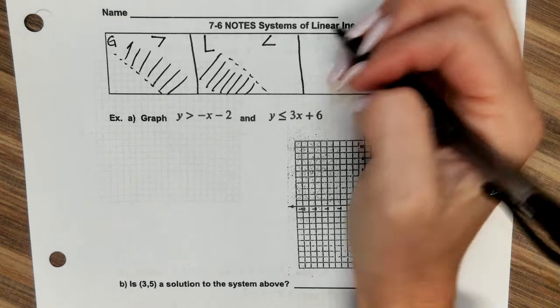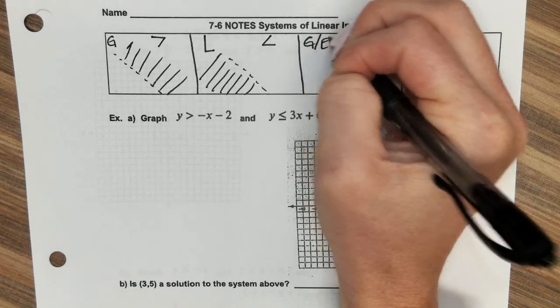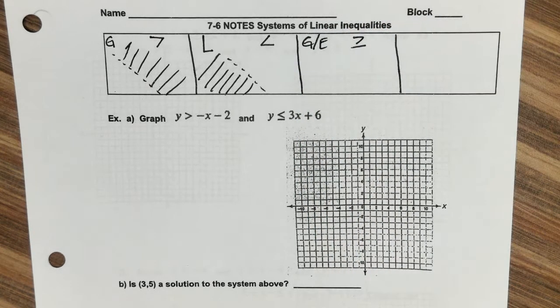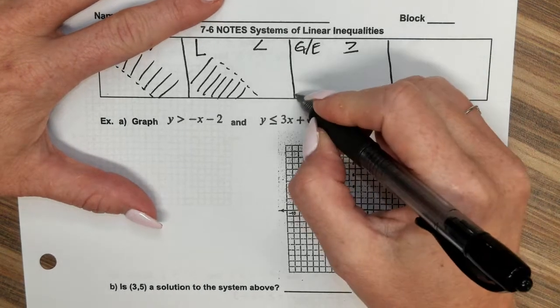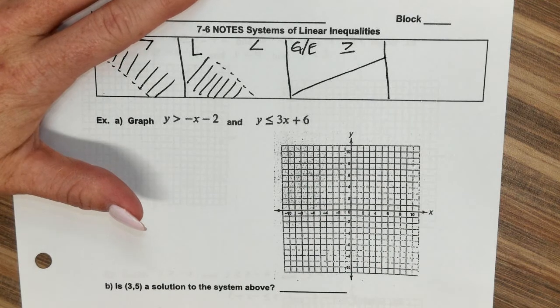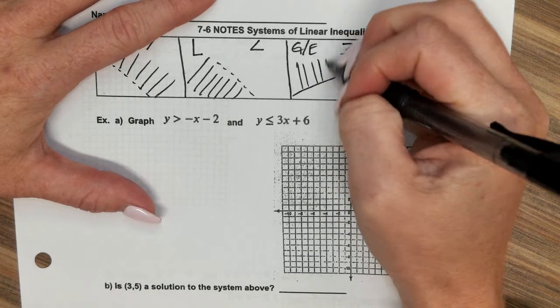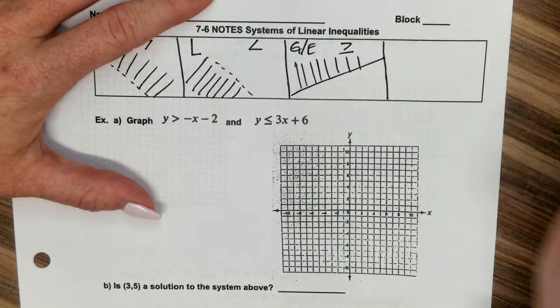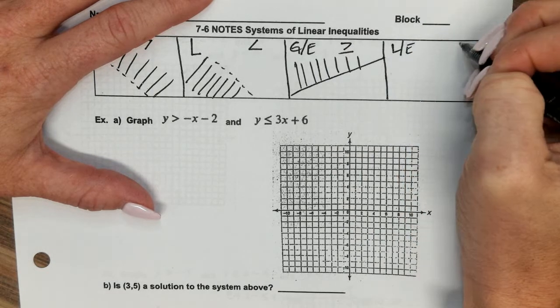All right, greater than or equal to. It would be what kind of line? Solid. Let's do a positive slope. Which way would I shade? Above. And then less than or equal to.